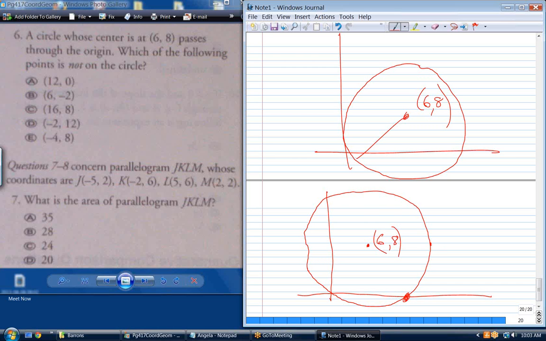Maybe. About 6, -2. Well, that could possibly be on. How about 16, 8? Well, 16 goes way over here. So no, that can't be on there. Just vision. So we were able to answer it without knowing that equation. Good.